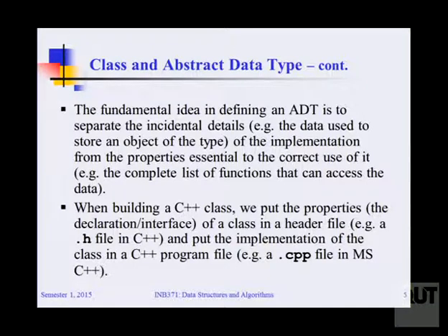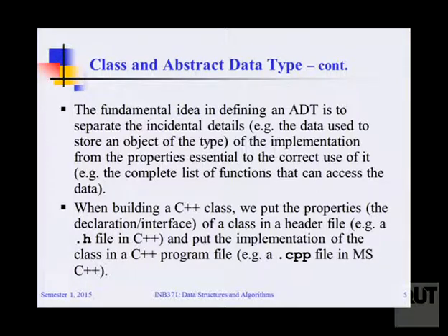Similarly, when you define a new data type, a new class, you put the interface of the class in one file, the .h file, and you put the implementation in another file, the .cpp file. So the people who use your new ADT or class only need to look at your .h file. They don't need to worry about your .cpp file, which includes the details of the implementation.